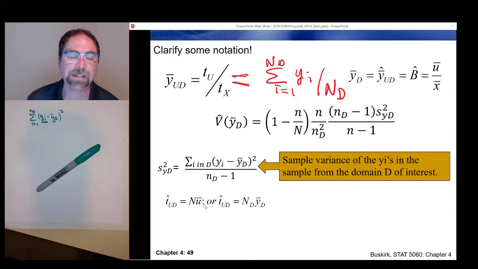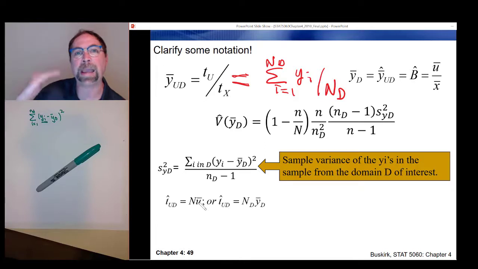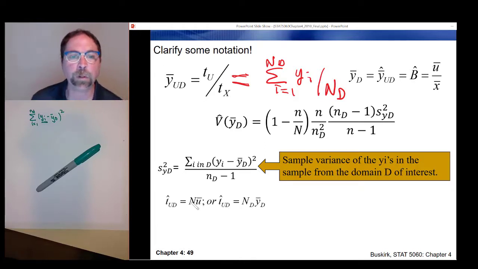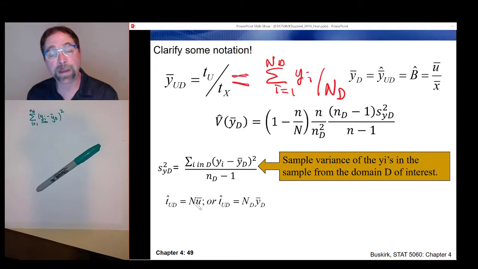So essentially, this is the per domain y contribution in the population per domain element. And so this is kind of like a rate of y to domain. When you multiply this by the entire population, this essentially gives you an estimated total on the y variable for just the domain of interest.